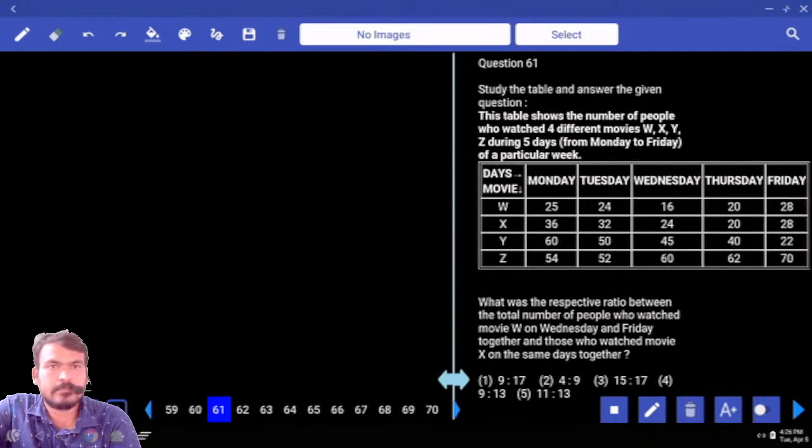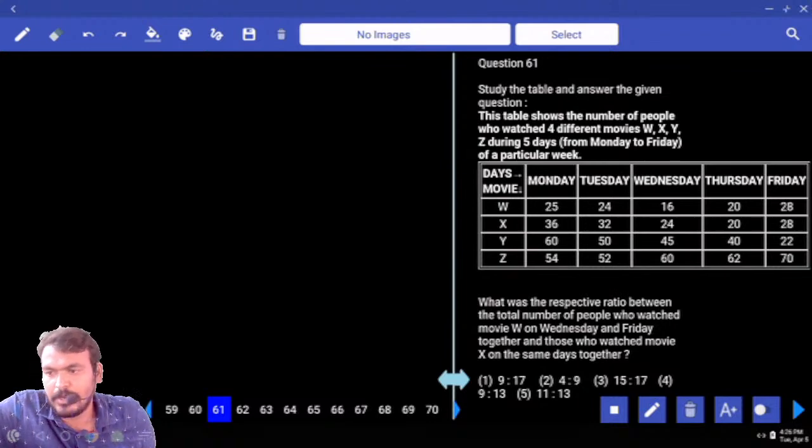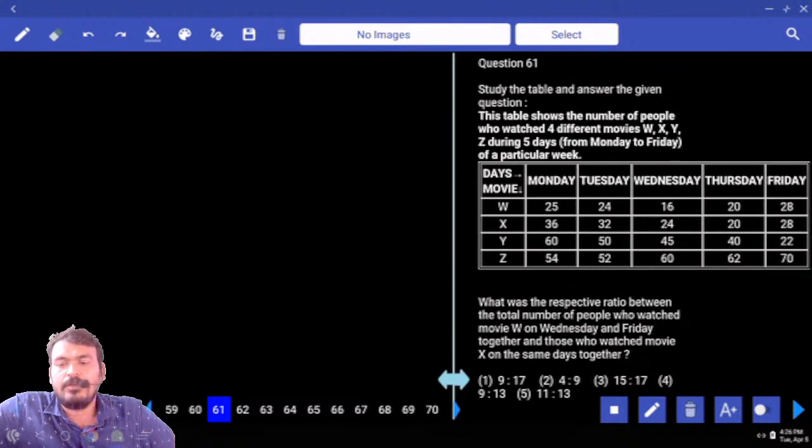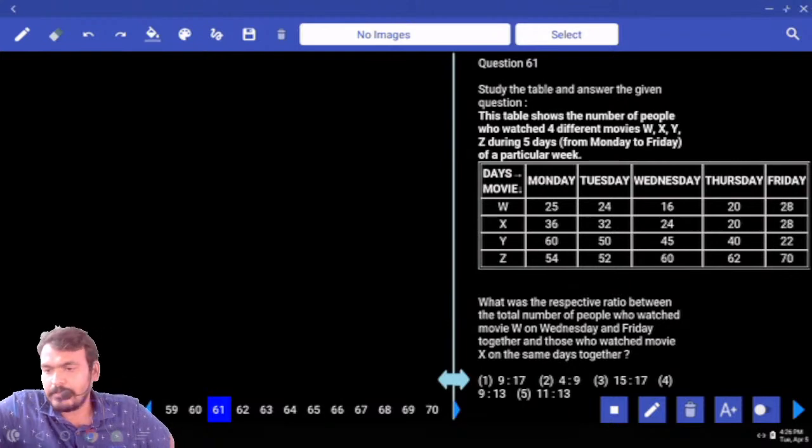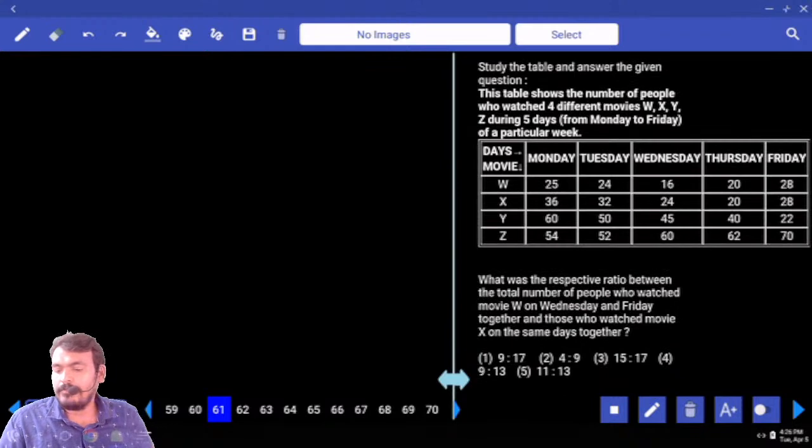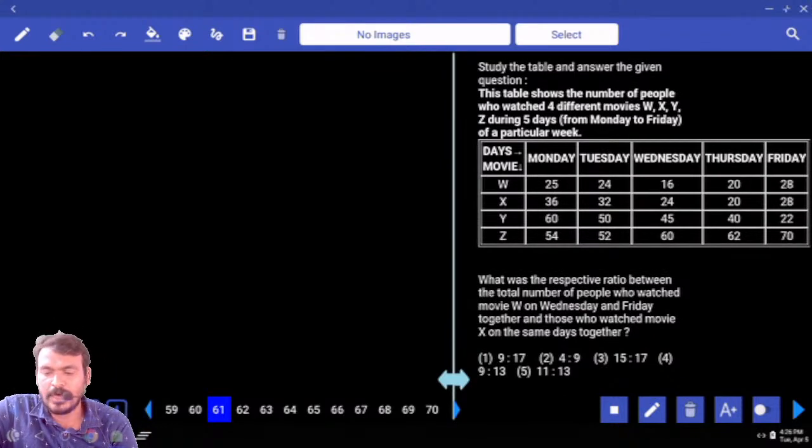A table is given. This table shows the number of people who watched 4 different movies W, X, Y, Z during how many days? 5 days, from Monday to Friday. What is the first question? What was the respective ratio between the total number of people who watched movie W on Wednesday and Friday together, and those who watched movie X on the same days or different days?